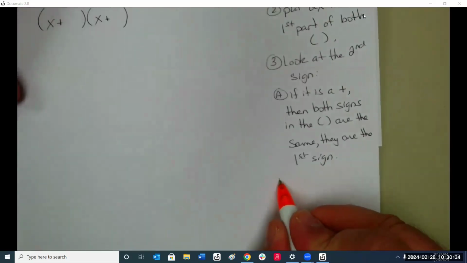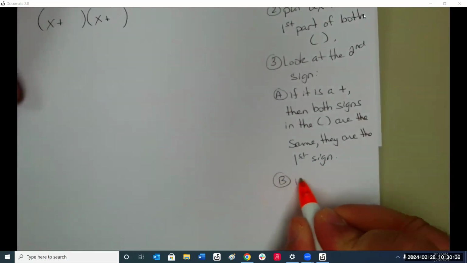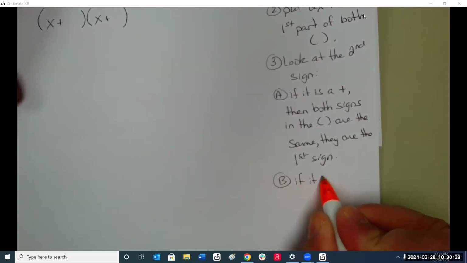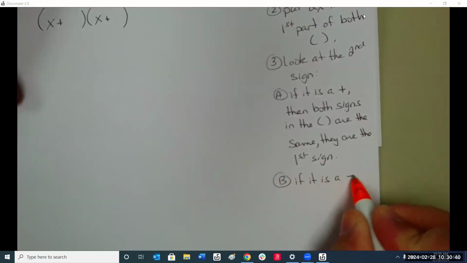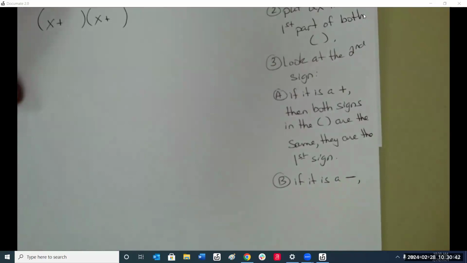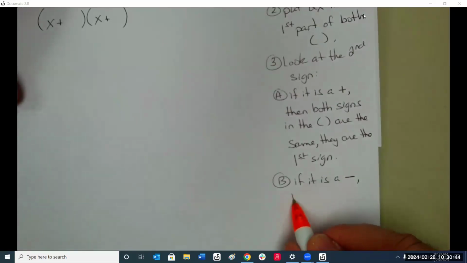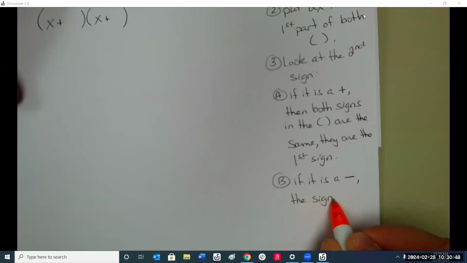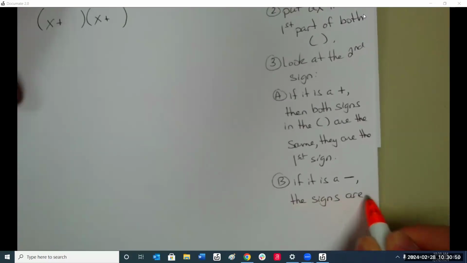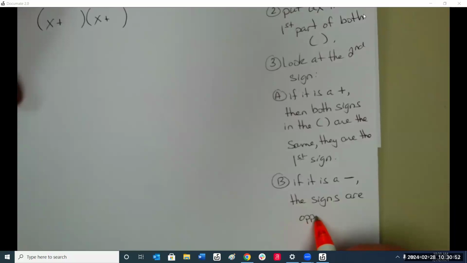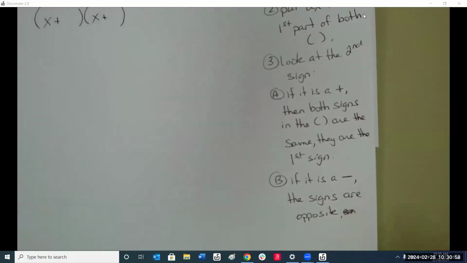Now B, if it is a negative sign, if the second sign is a negative, the signs are opposite. In other words, one gets a plus and one gets a minus.